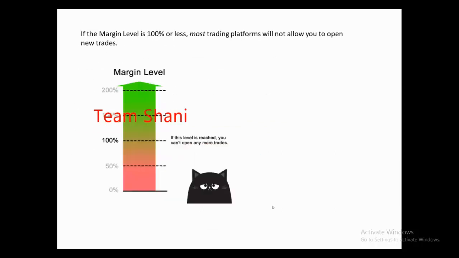Here in the graph you can see how margin level is calculated. If at any point, when you are opening multiple trades, your margin level is coming closer to 100%, that means you have to inject more funds to carry on the positions that are currently open, or if you want to open more trades, you also have to deposit more funds so that you can increase your margin level in order to open more positions.